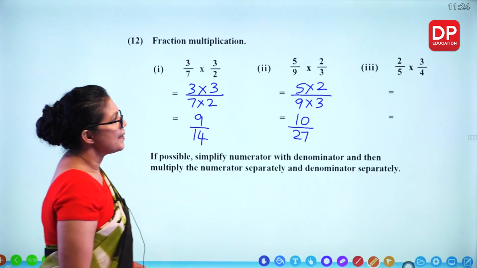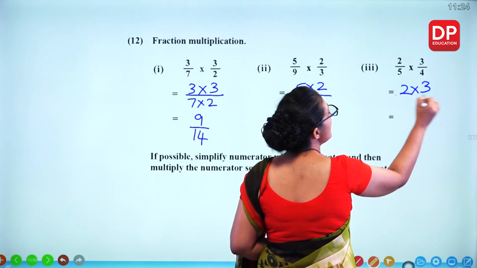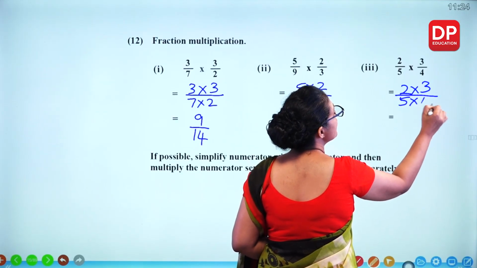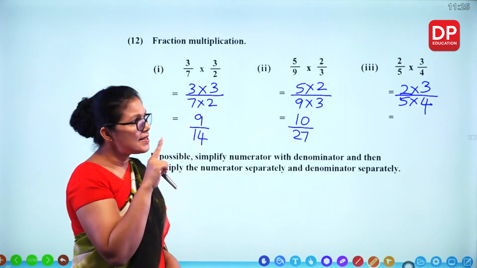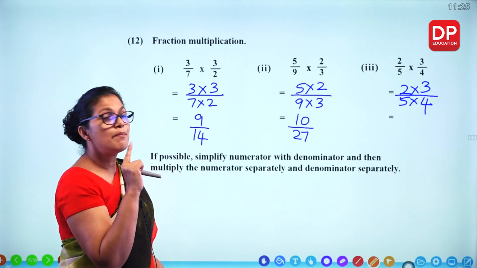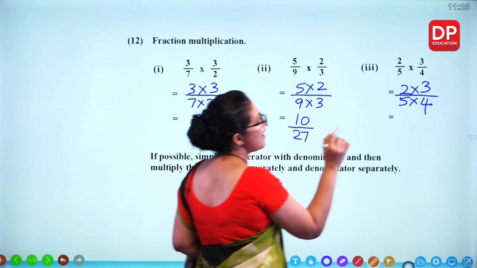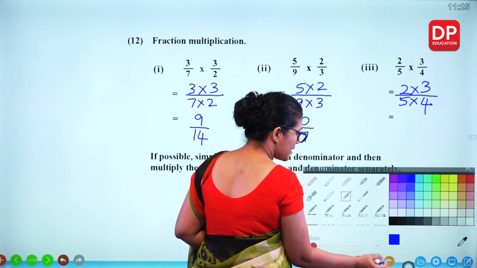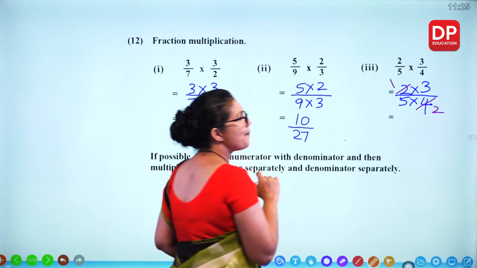Now what happens here? Multiply the numerator and the denominator separately. Now, not like these examples, here you can see common factor is in both numerator and the denominator. So you can simplify that. I can write 2 times 1, 2 times 2 there.